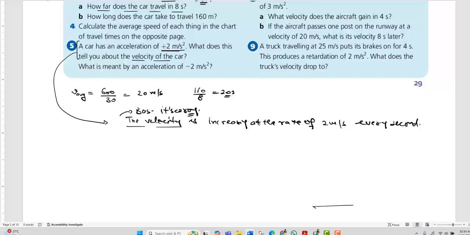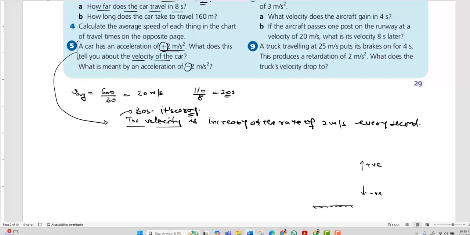I'm giving the example. I'm taking the downward direction as negative, and the upward direction as positive. Now, the main thing here is that these positive and negative signs represent the direction.